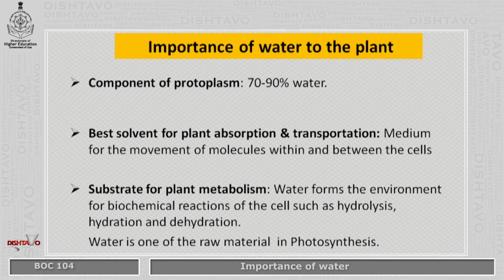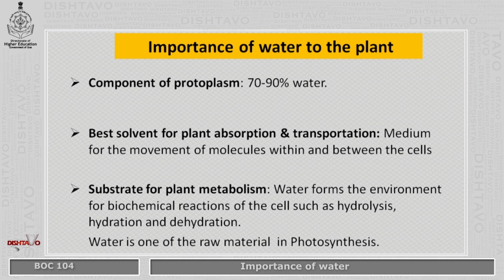It's a medium for molecules to move within and between the cells. Water also forms the substrate for various biochemical reactions in the plant. Reactions such as hydrolysis, hydration, dehydration all happen in the plant cell only in presence of water.